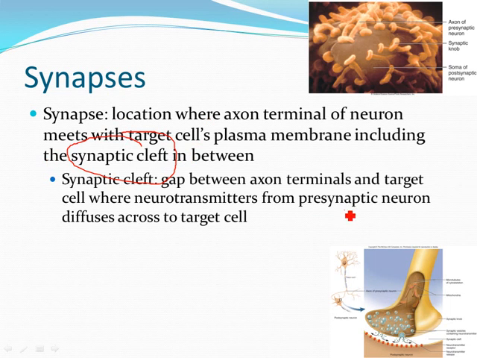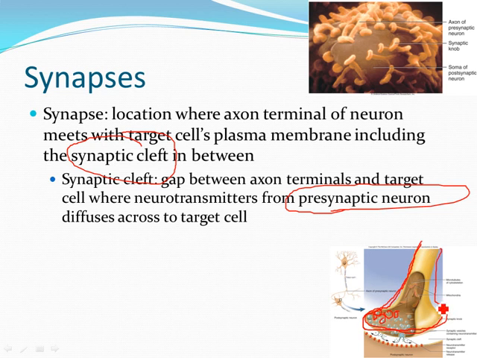When I talk about the presynaptic neuron, like the name implies, it means that it's a neuron before the synapse. So here's a presynaptic neuron, here's a synaptic knob, and there are these little bubbles. What are these little bubbles again? Yes, very good, the neurotransmitters are inside of the bubbles.